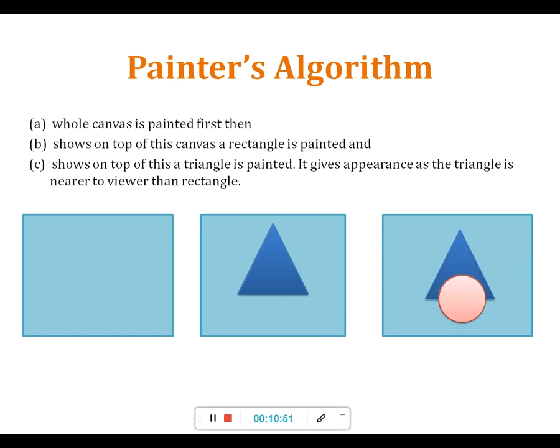It means I can see the circle first. Due to this circle, some part of the triangle is hidden. We can see that. Why does this happen? Because the circle is very near to me compared to this triangle.